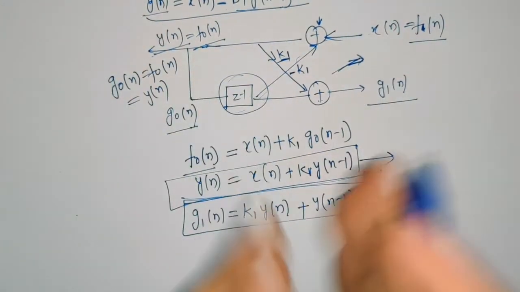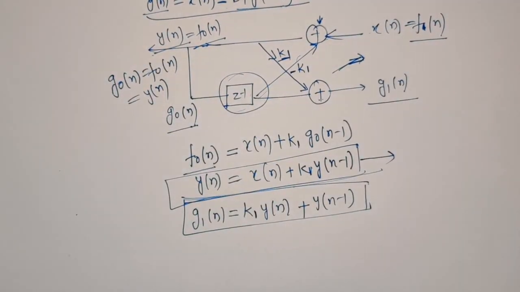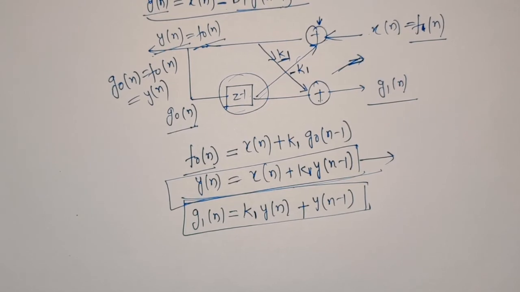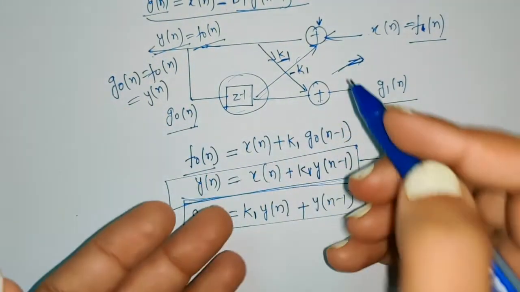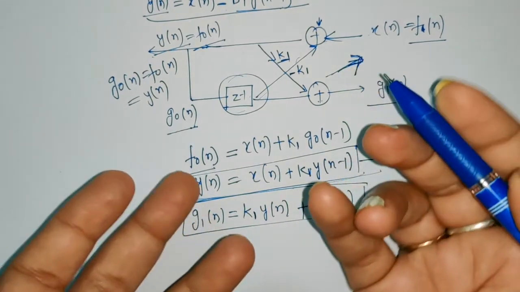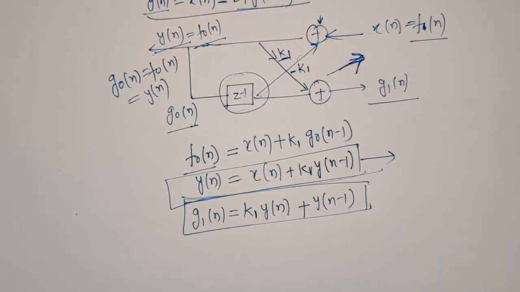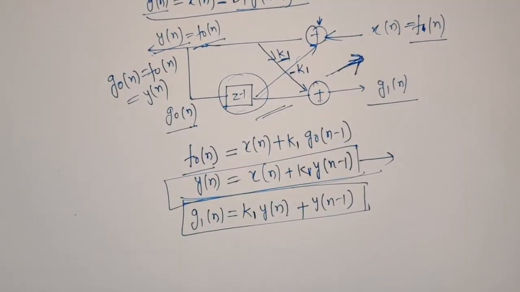Only inputs and outputs are getting interchanged. The difference between these realizations of FIR and IIR is because of their basic nature. In FIR we only have zeros, but in IIR we have poles, and we have a feedback from the output also. So because of this feedback, the structure is like this.